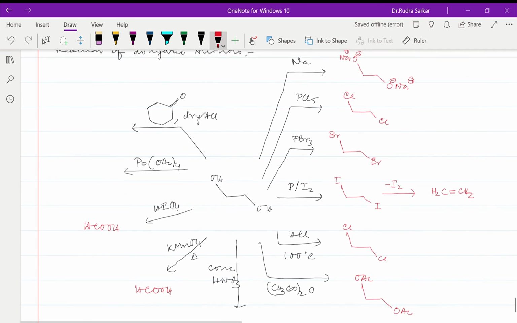Similarly, oxidative cleavage. Again, same thing. Pb(OAc)4 and HIO4 will do oxidative cleavage, right? Yes, sir.